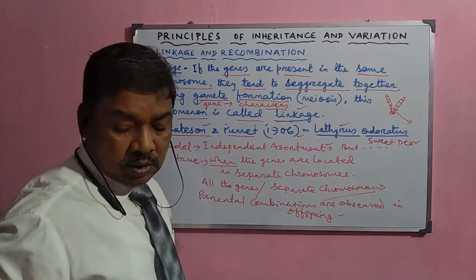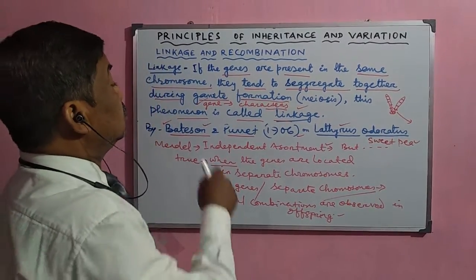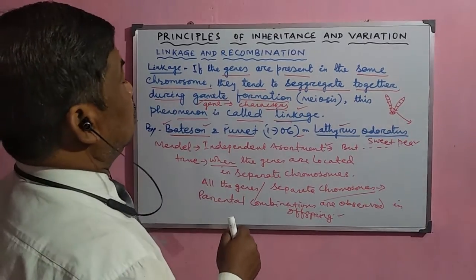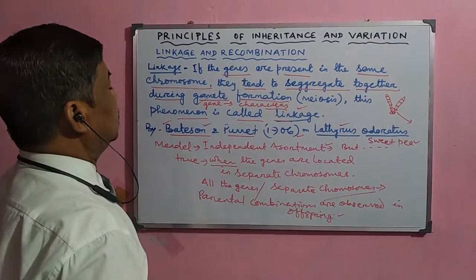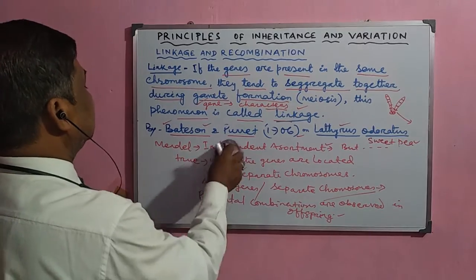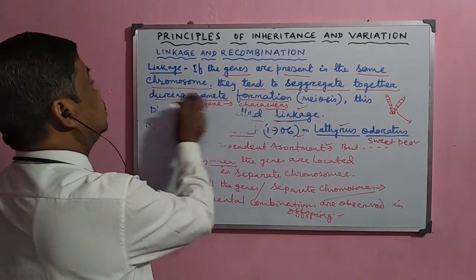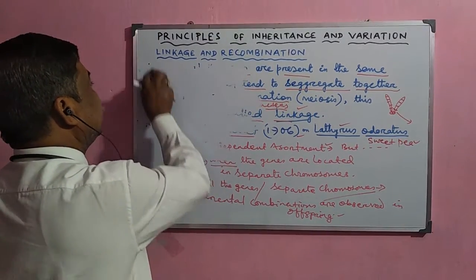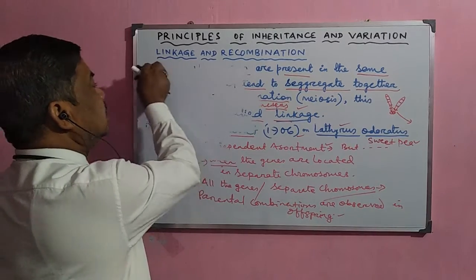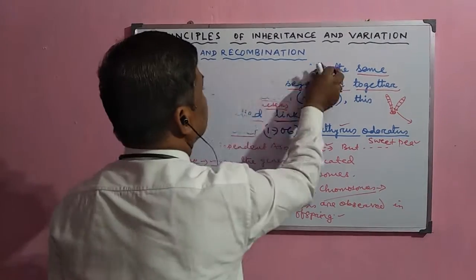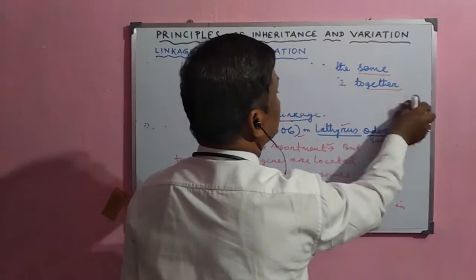Now, how is a linkage group formed in a particular chromosome? All the genes present in a particular chromosome normally transmit from one generation to the next together.